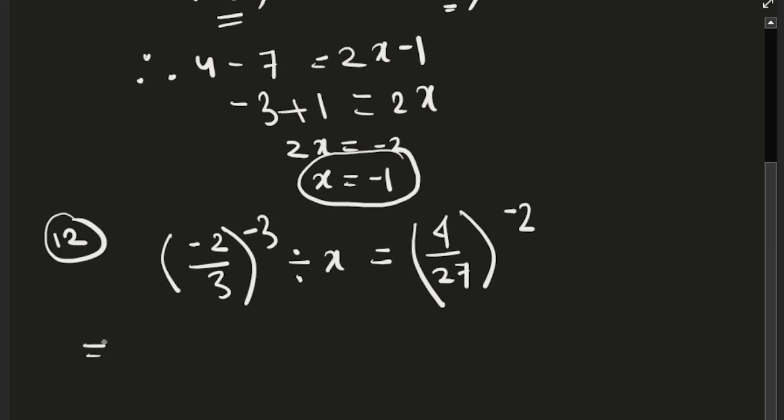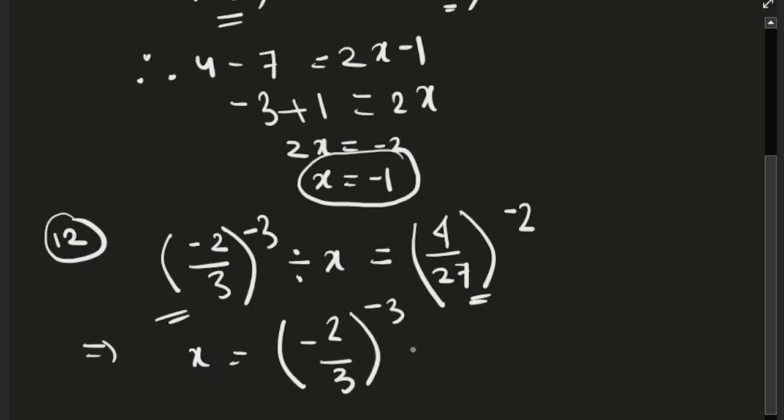That means the value of x will be this divided by this, which is (minus 2/3) to the power of minus 3 divided by (4/27) to the power of minus 2.